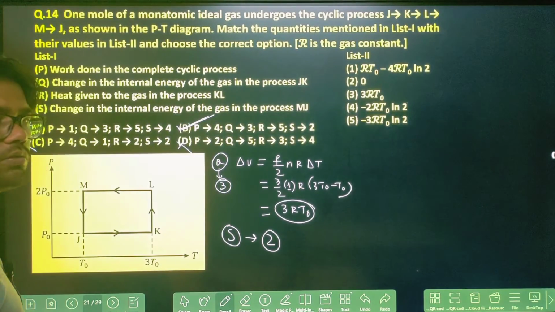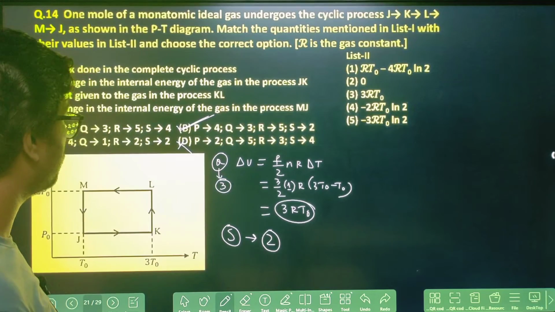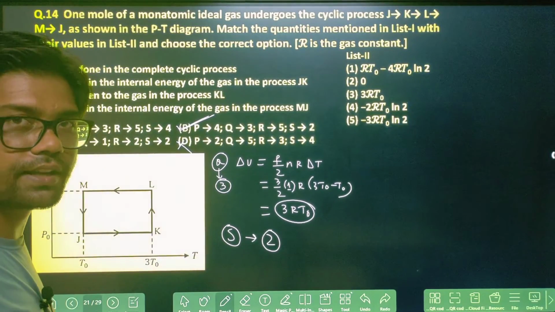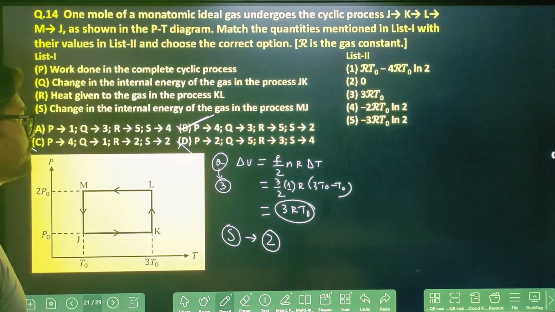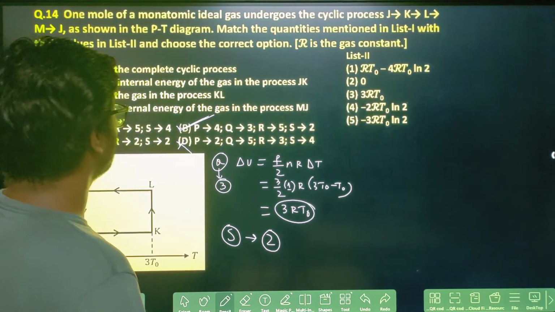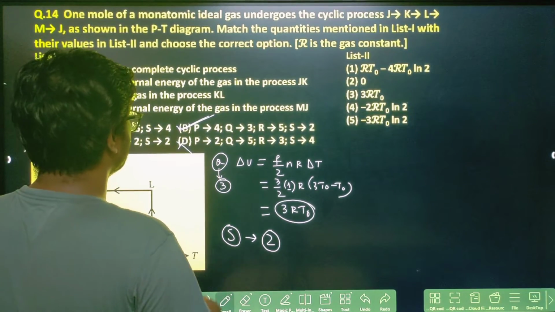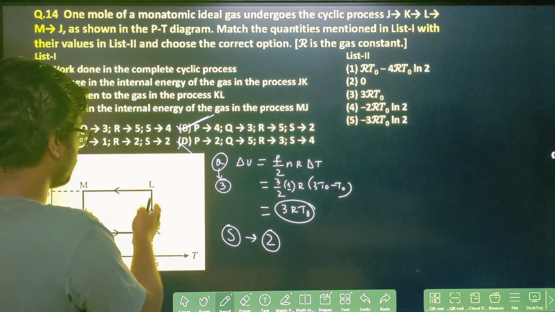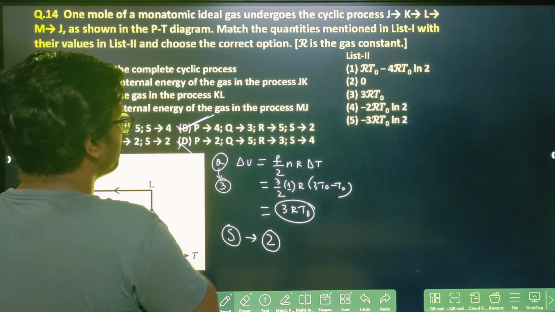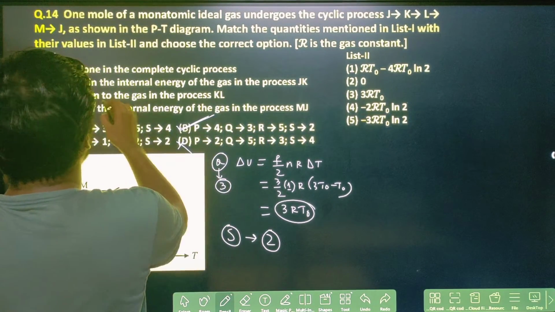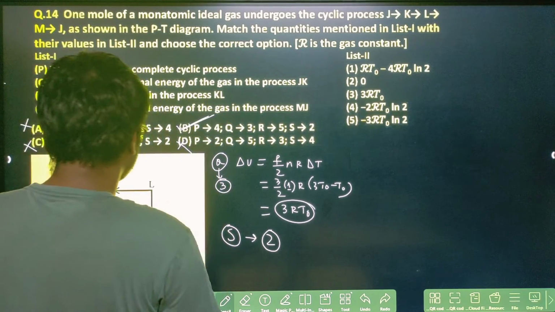So like that you can do this in 2 minutes, or less than 1 minute it will take to find out, right? And you can find out all the other options. For P, for each process you can write down the work done and find out. For R also, that is heat given to the gas in the process KL.